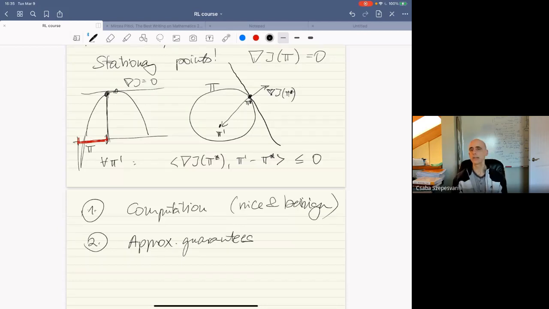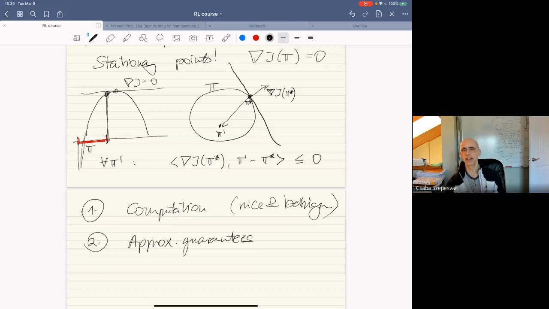Right? So for example, we can go back to state aggregation and then ask the question, okay, we know that searching for the best ever policy amongst all aggregated policies is a hard problem, but maybe searching for a global stationary point is not a hard problem. So if you had to guess how to try this search, this computation, what would be the first guess? How would you do it?